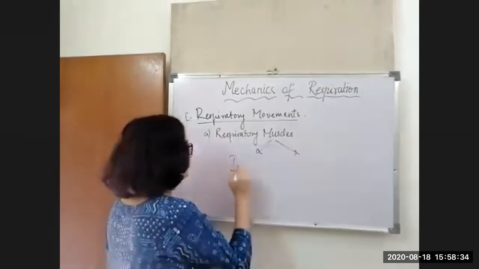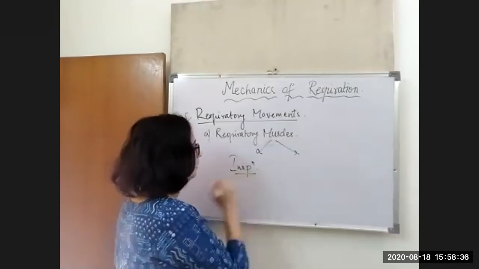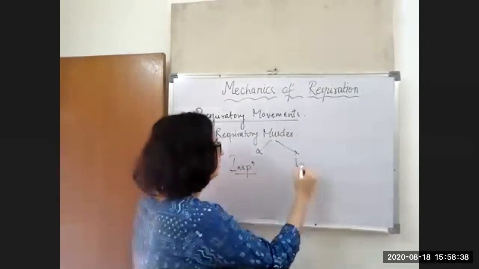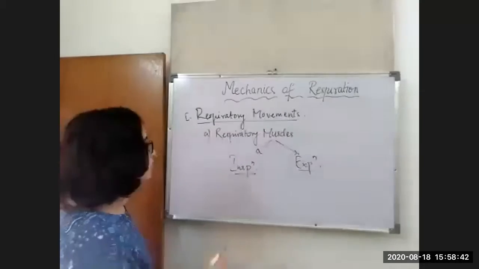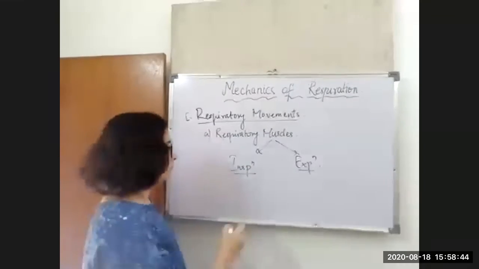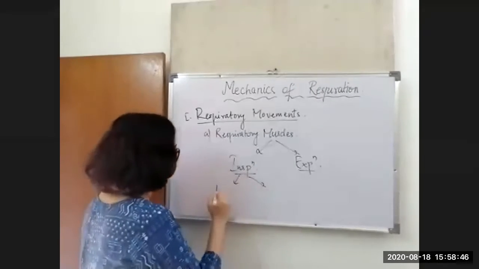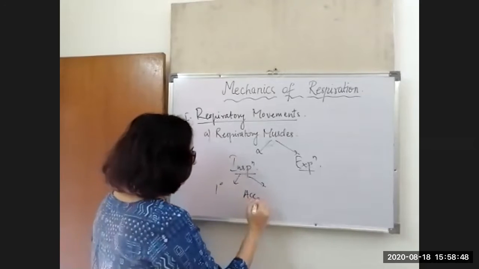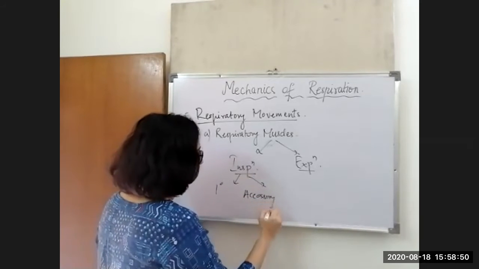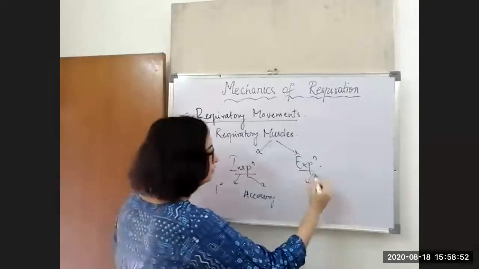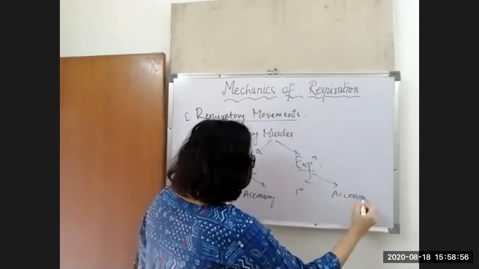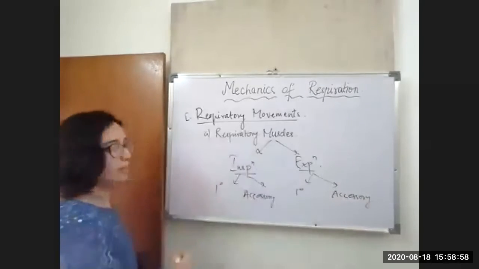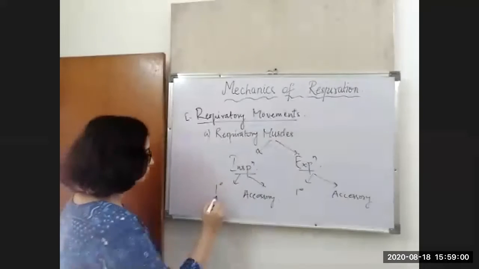First one is used in inspiration, second in expiration. Okay. So now in inspiration, we have two types of muscles, primary and accessory. In expiration also, primary and accessory.